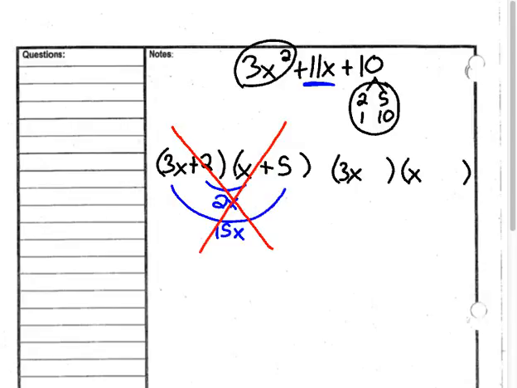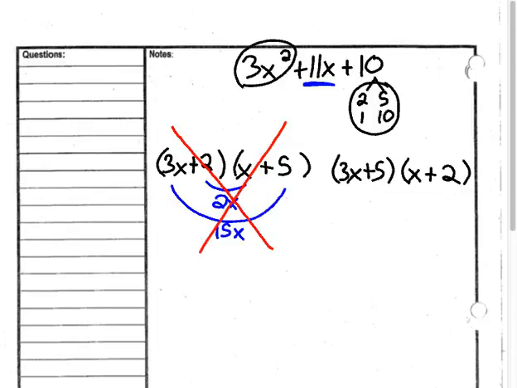Okay, so I know it has to be the 3x and the x, but now let's mention what could we do to try different combinations. Well, the thing that I'm going to do is I'm going to flip the 2 and the 5. Okay, because in reversing those, that's going to change those bottom combinations. So this is kind of just methodical guessing and checking until you get the combination that works.